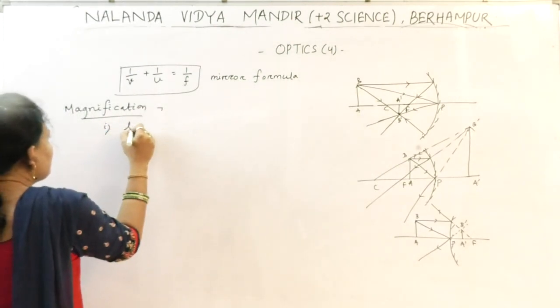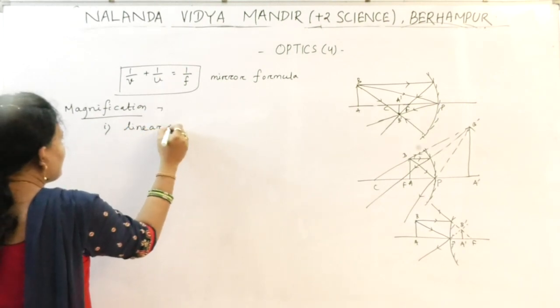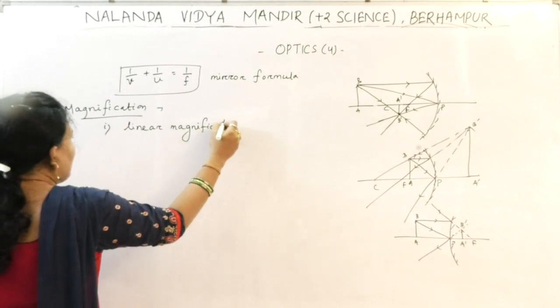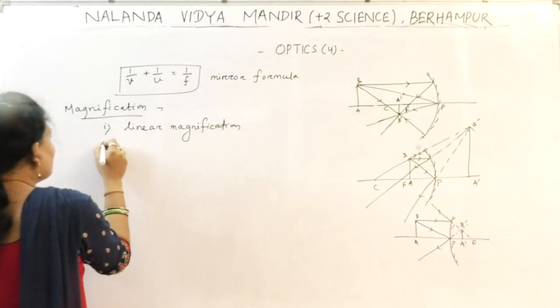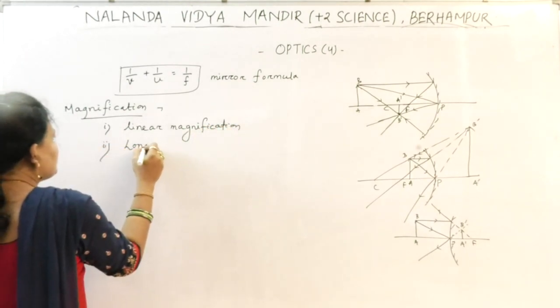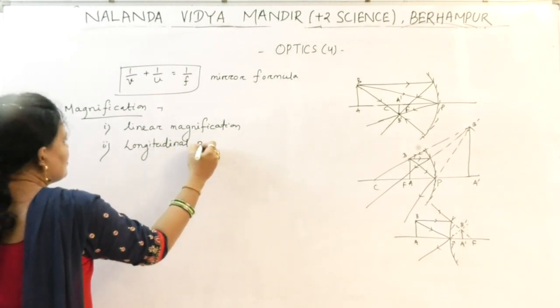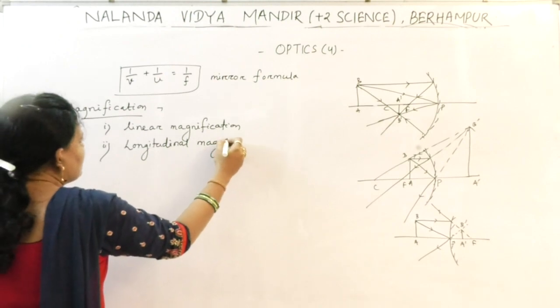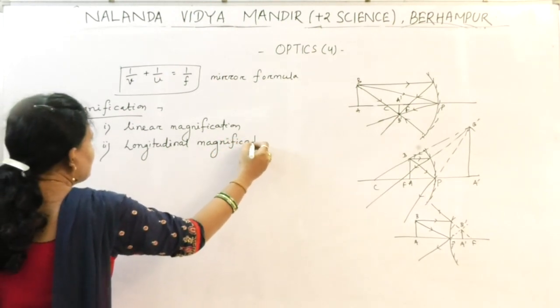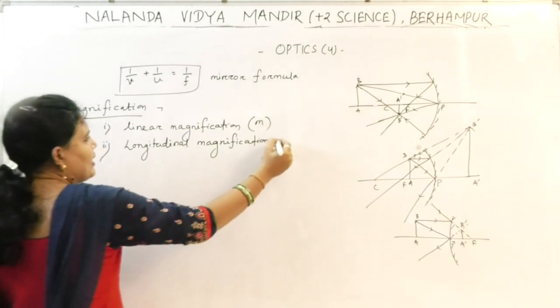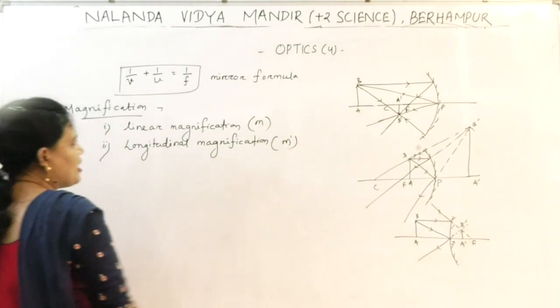One is linear magnification and another one is longitudinal magnification. We denote linear magnification as M, and let longitudinal magnification be M dash.